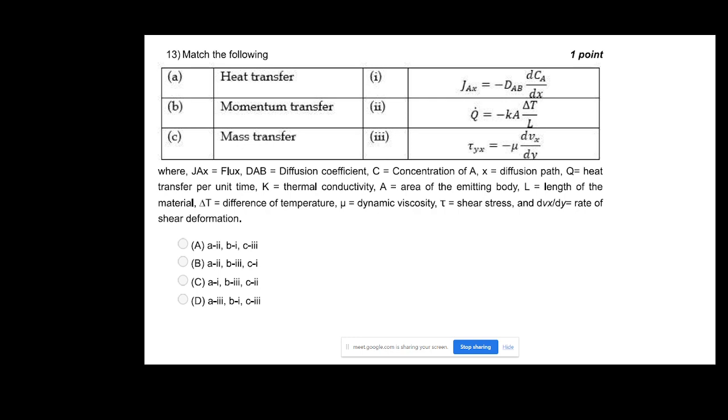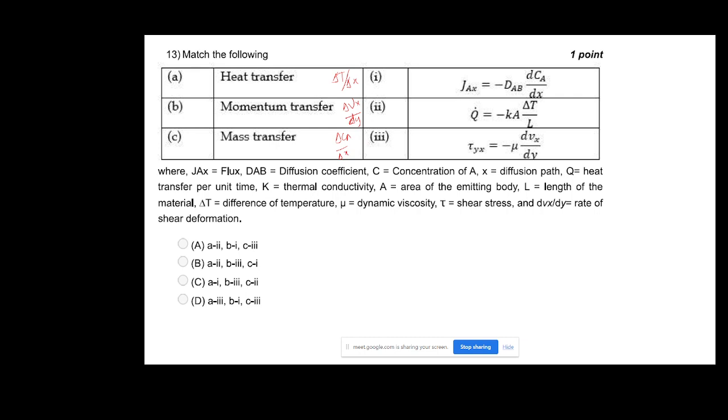Next question is, match the following. Here first is heat transfer. For heat transfer to take place, we need a temperature gradient. For momentum transfer, we need a change in velocity, and for mass transfer, we need a change in concentration.